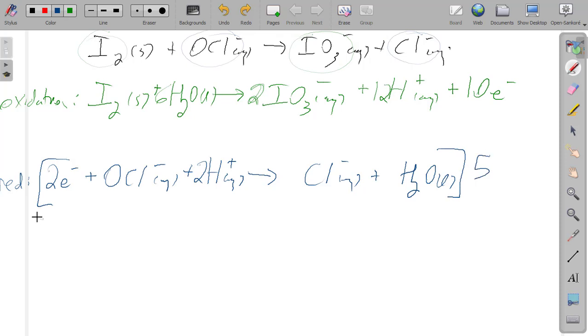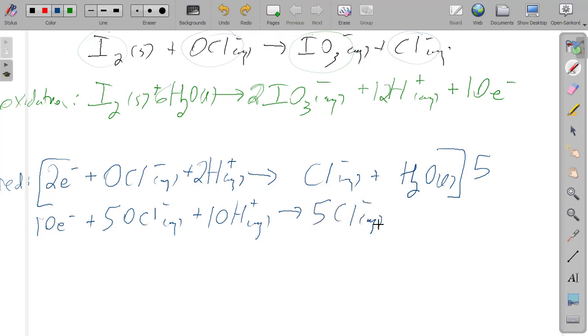Because 5 times 2 gives me 10 electrons, plus 5 hypochlorites, plus 10 H pluses, yields 5 chlorides, plus 5 water. And so now this needs to be crossed off, and we need to focus on this.